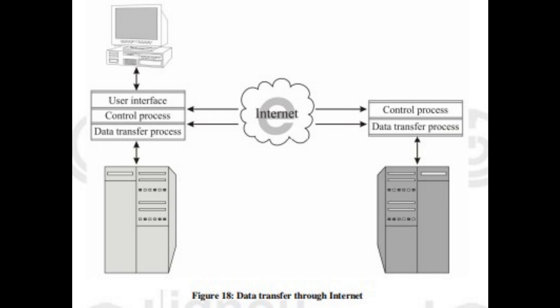The transmission mode. FTP can transfer a file using any of the three modes as described. Stream mode. This is the default mode. The data is delivered from FTP to TCP as a continuous stream of bytes. Block mode. The data can be delivered from FTP to TCP as a block.